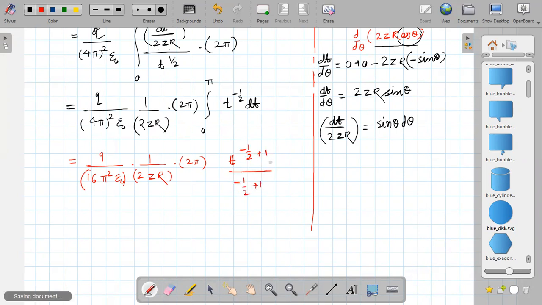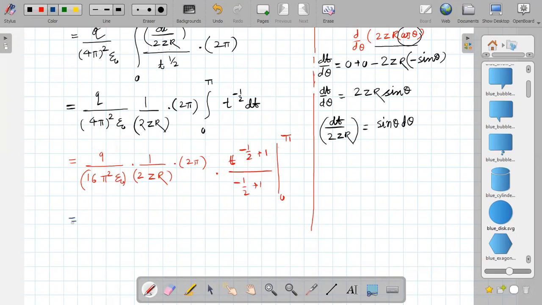from 0 to pi, and then we can cancel some constant terms.